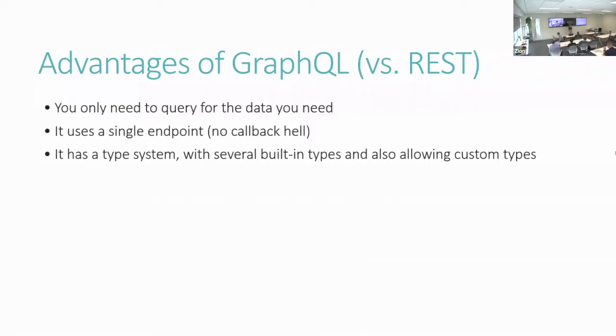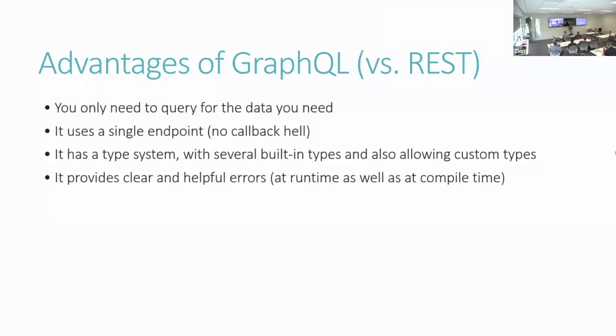So it's great that GraphQL standardizes on that. There's 5 built-in types. There's ints, strings, booleans, I think floats, and then one other I don't remember right now. And it also allows custom types. For example, a common one is dates. Dates are implemented as a custom type in GraphQL that'll usually be serialized back to your front end as a string. Then you can just parse it however you want.